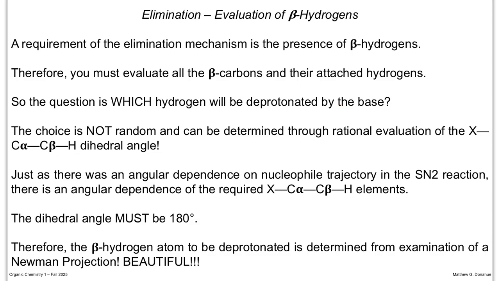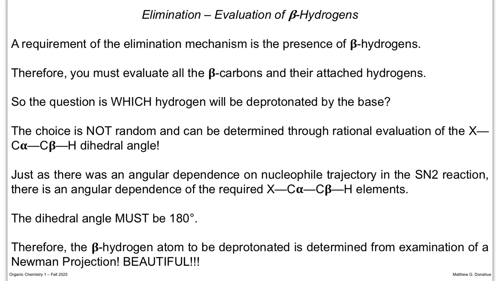And as we get deeper into looking at the starting materials, the orientation of those 4 atoms will matter. So once you determine the beta hydrogens, they have to achieve a certain dihedral angle, and then from that they can do the elimination.